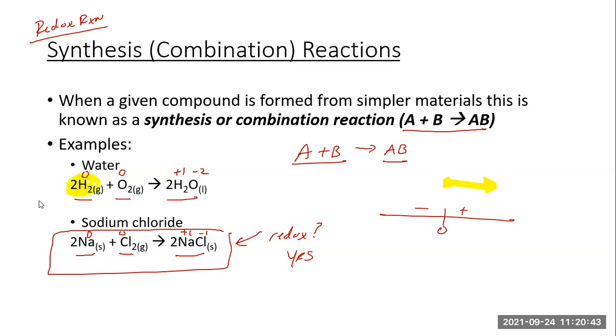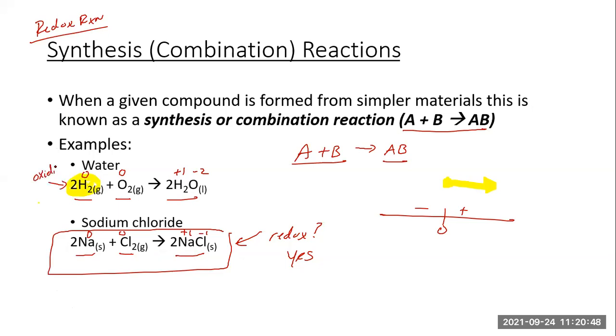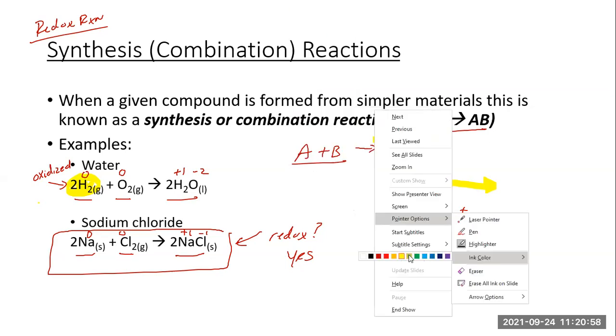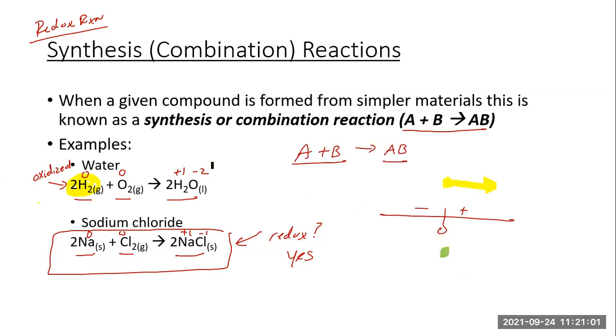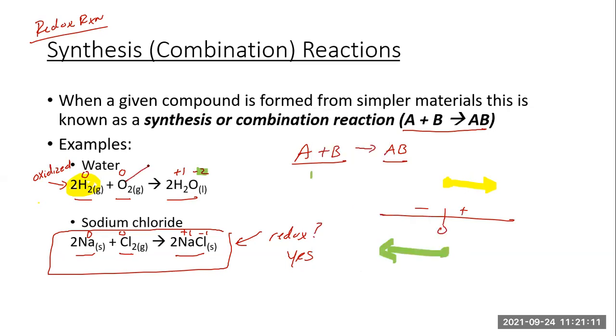So this guy is being oxidized, or going through oxidation. If we look at the oxygen, on the other hand, the oxygen is starting at 0 as well, ending at -2, which means it is traveling in that negative direction. And going in that negative direction tells us that the oxygen in this case is being reduced, or going through reduction.